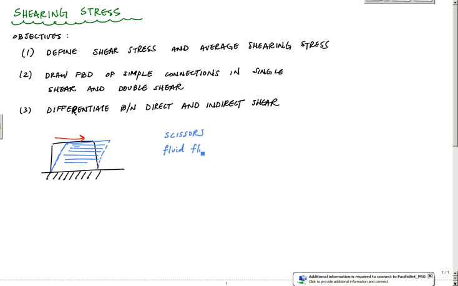So fluid flow right here. So that's what I think of, and officially it's whenever you have a force that's causing your body, the structure, to slide by each other. And I'm rubbing my hands right now, but you can't see it. I'm rubbing my hands together, and that's causing shearing action going on there too.